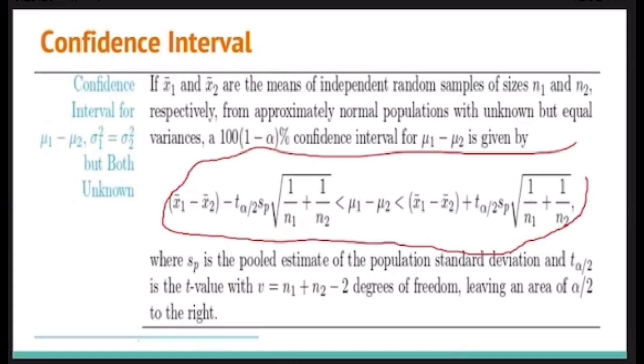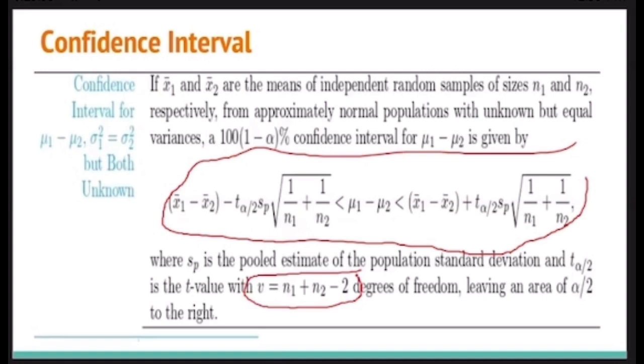Okay, now you plug all of that in here, but right now we're no longer going to check from the Z table. We're going to check from the T table. And when we are checking from the T table, don't forget, we need the degree of freedom, right? Because two populations are involved, the degree of freedom is N1 plus N2 minus 2.